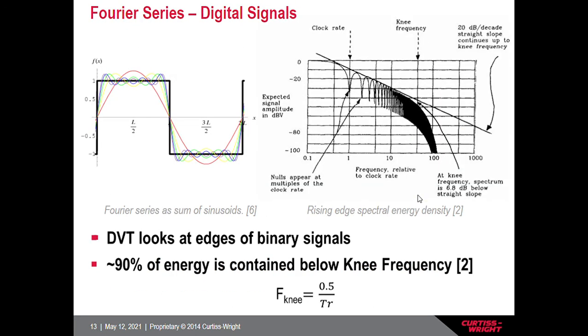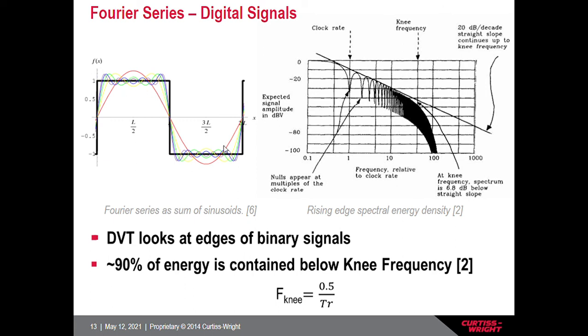So what does this mean for digital waveform capture, and why do we need to use this model? This model is used to derive this rule of thumb that electronics engineers use to determine the analog front-end bandwidth, and that is the knee frequency. This is derived because when we're looking at a digital signal, we're only really concerned with the transition from 0 to 1.